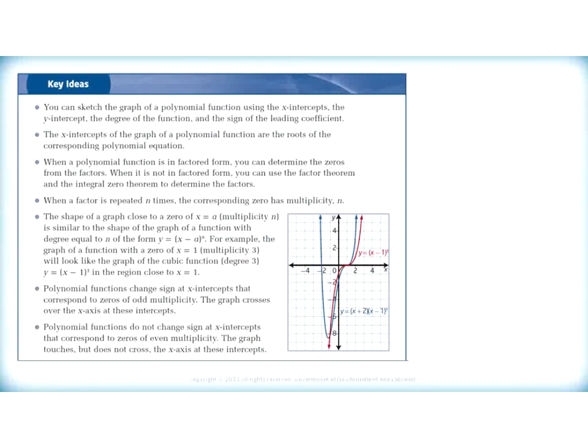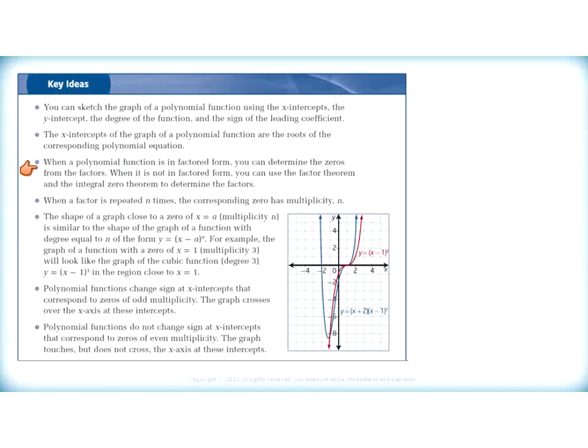As a summary of what we've discussed throughout this presentation, you could sketch the graph of a polynomial function using the x-intercepts and the y-intercept. The degree of the function will help us to determine the shape of the graph, and the sign of the leading coefficient helps us to determine the end behavior of the function. The x-intercepts of the graph of a polynomial function are the roots of the corresponding polynomial equation.